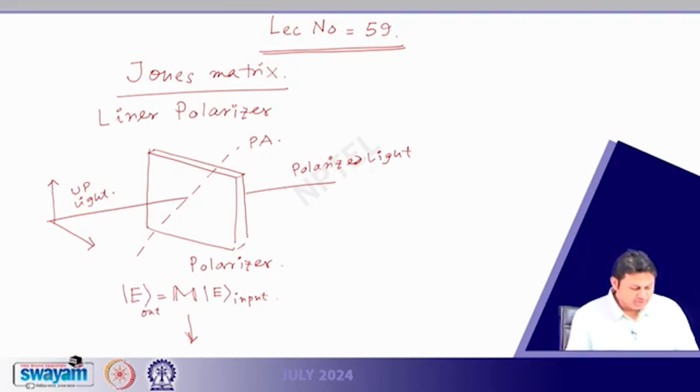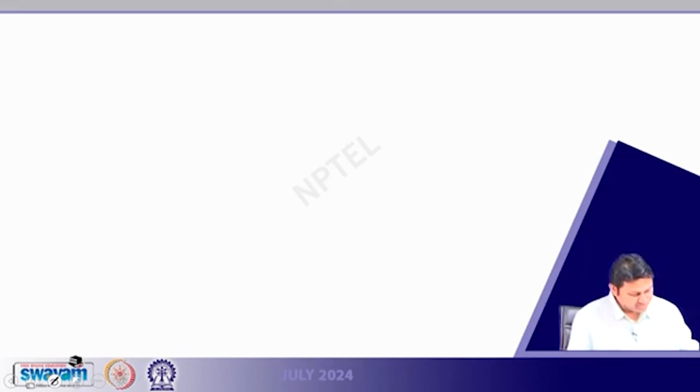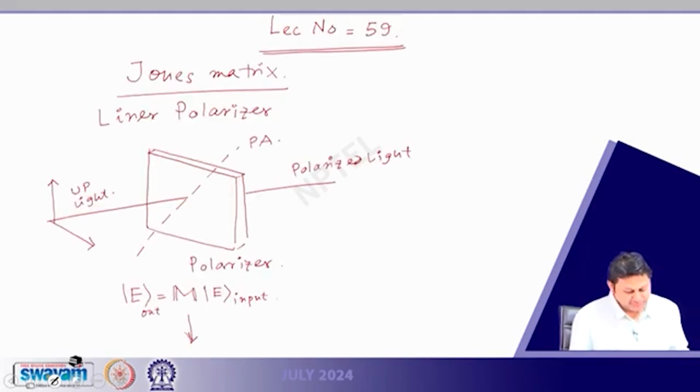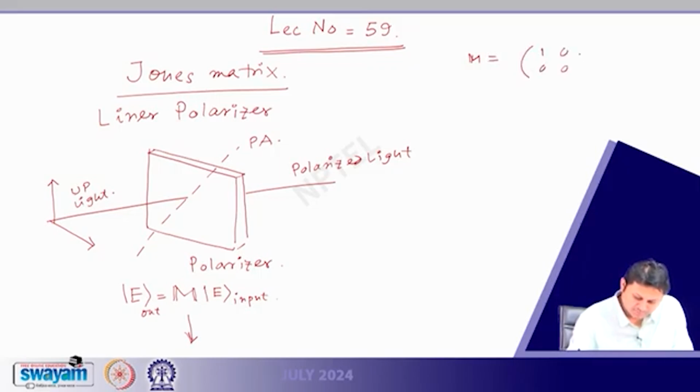But one thing we did not do yet, and we were supposed to do in earlier classes, but somehow we missed that. Let me give the example of this M matrix for different cases. For example, here M was 1 0 0 0, if you remember.